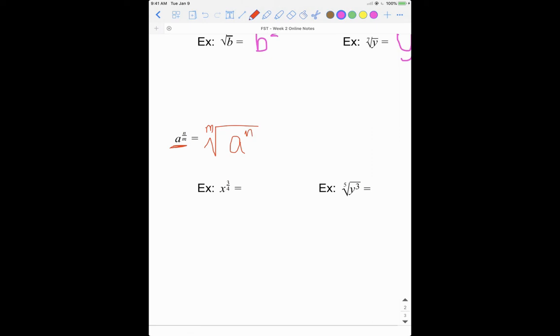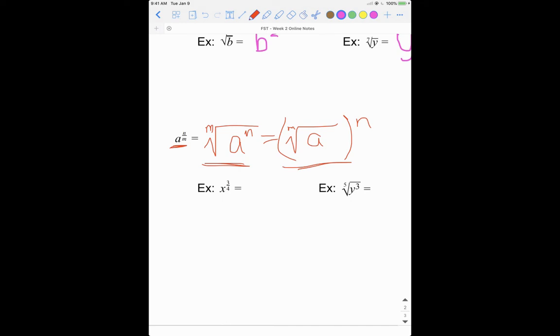So that tells us we're going to do a to the nth power, and then we're going to take the mth root. This is also the same as if you wanted to do the mth root of a and then raise it to the n power. So this order, whether you put it on the inside or the outside, doesn't matter so much, as long as you do one and then the other.